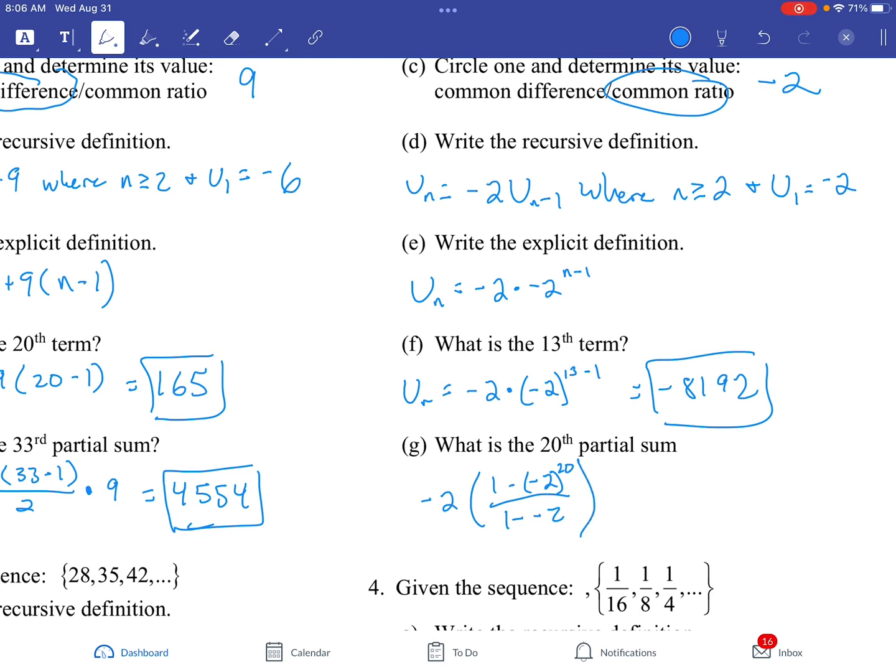Just going to be nicer. So we have 1 minus -2 to the 20th power, divided by 3, times -2 gives me 699050.